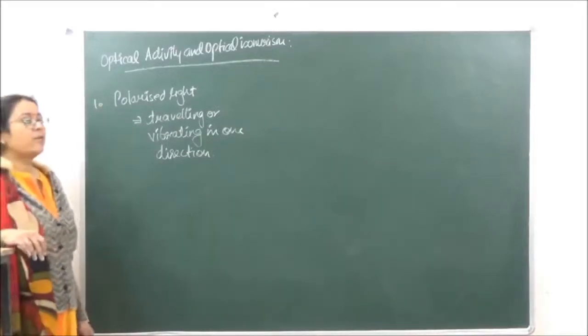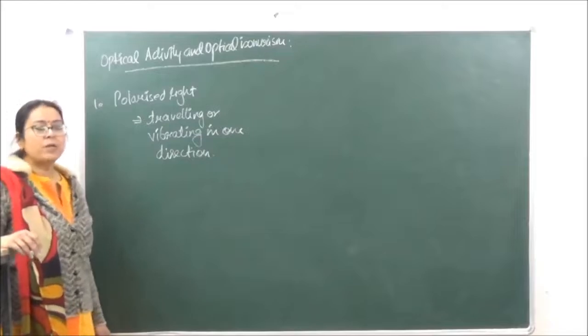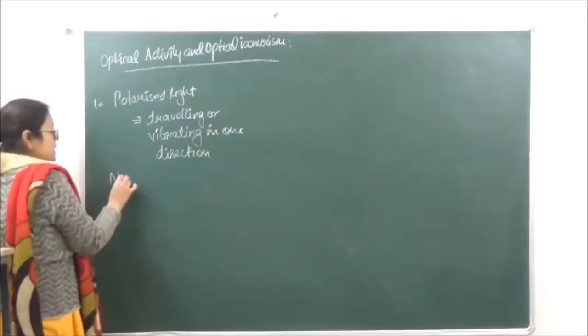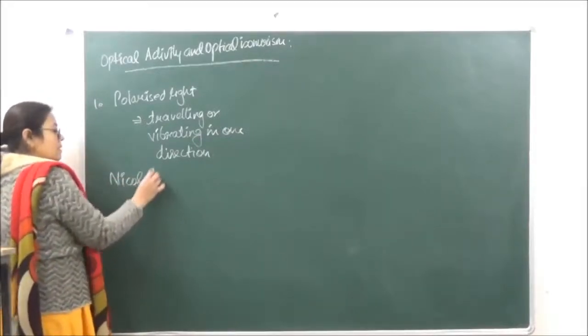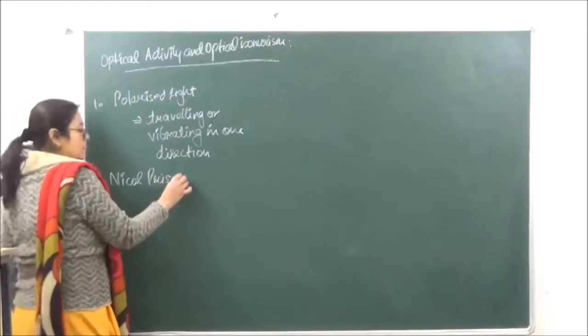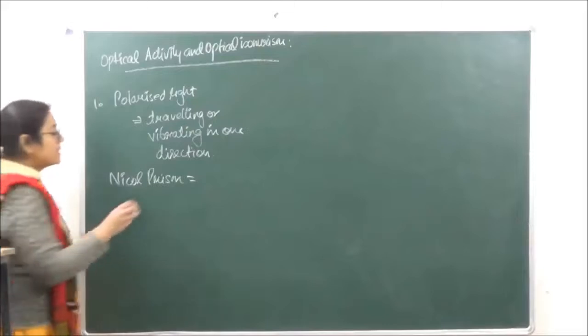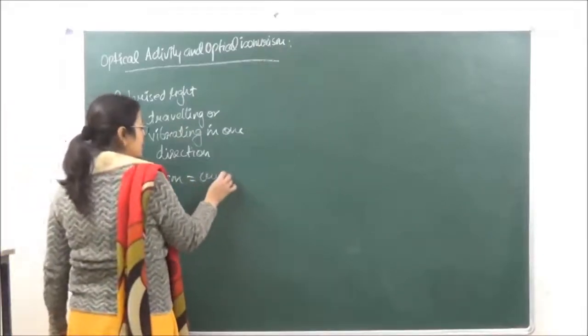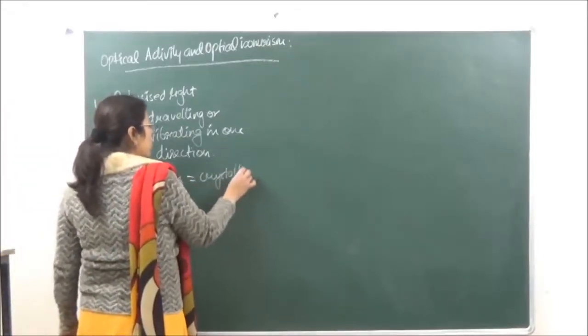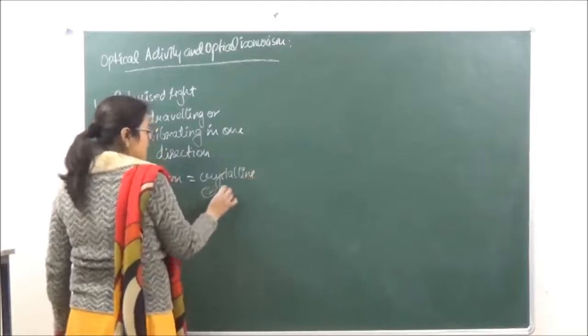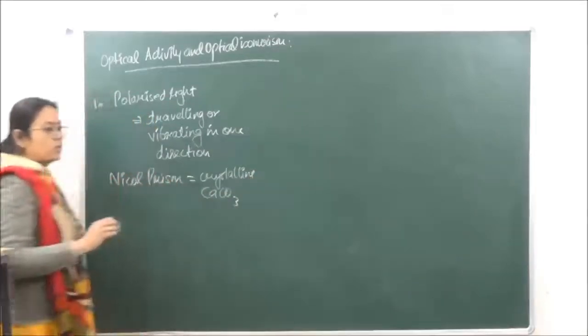We pass the ordinary light through a Nicol prism, and this Nicol prism is a prism of crystalline calcium carbonate.